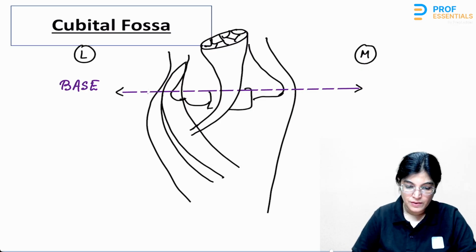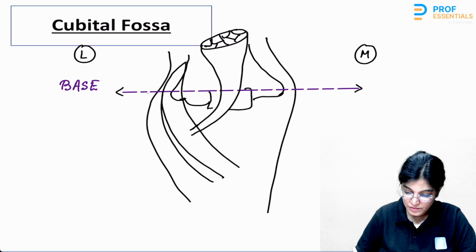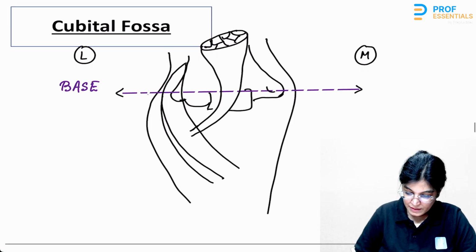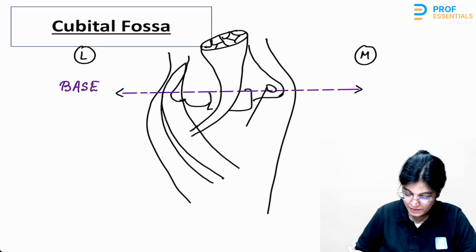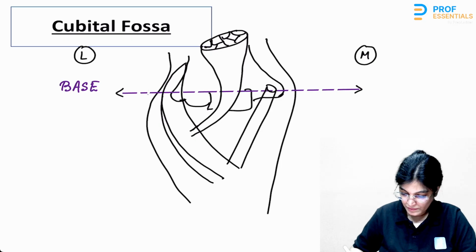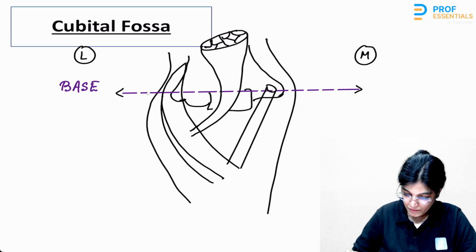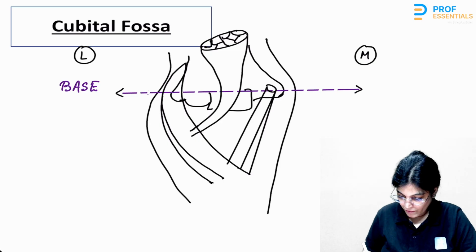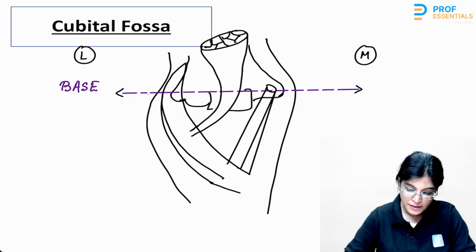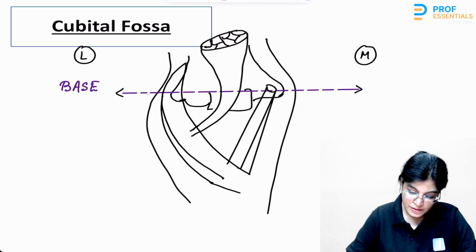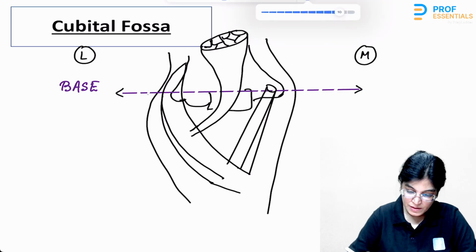Let me shade it afterwards. And here we will have this as the pronator teres muscle. So let me use brown color for the muscles.